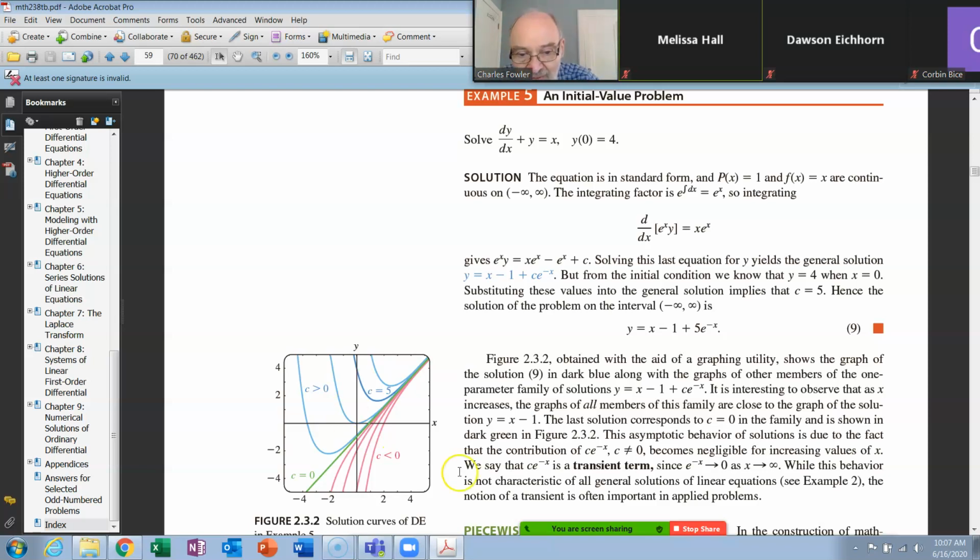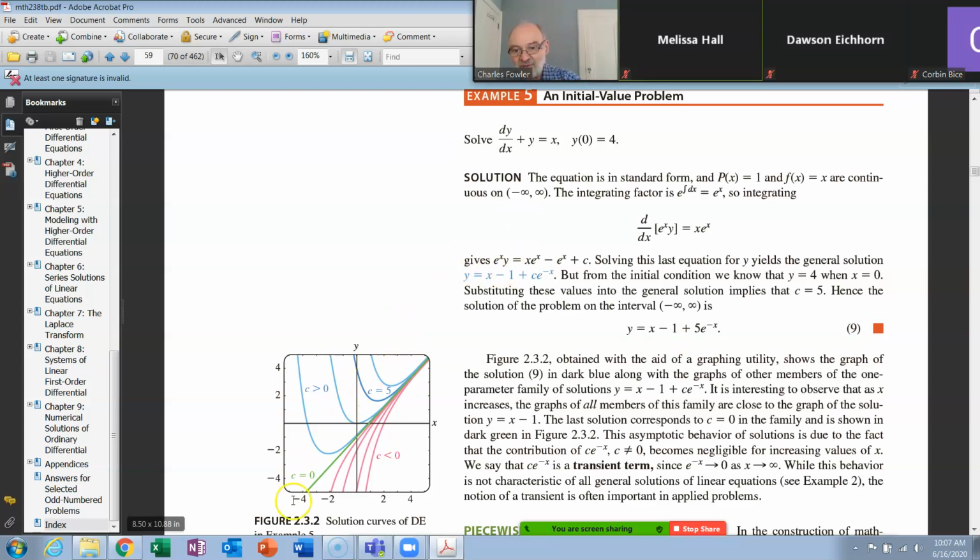Since ce to the minus x sort of disappears for very large x's, we call that the transient term, because in the long run everything winds up as the rest of it. This only matters down in very small x's, and then the other term wins the day.